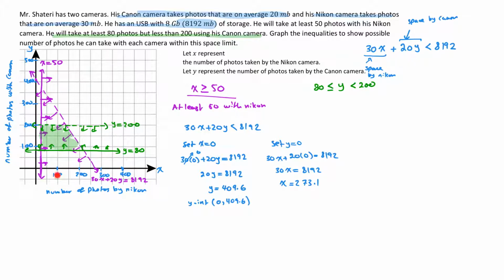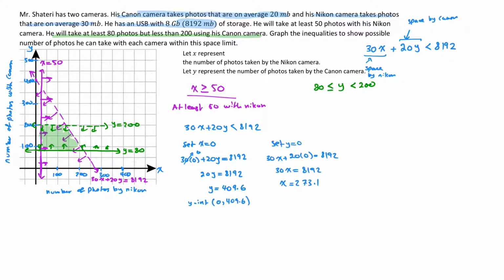If we were to take 100 photos by the Nikon and 150 by the Canon, that's okay. We could do that. If we were to take 100 by the Nikon, 200 by the Canon, we actually can't because that's a dash mark right there. So we have to be taking less than 200 by the Canon.